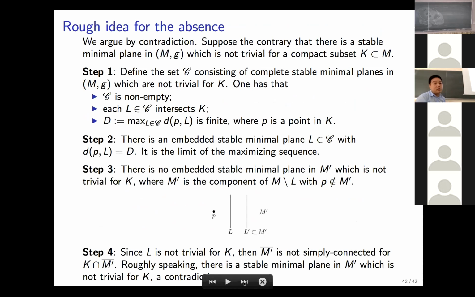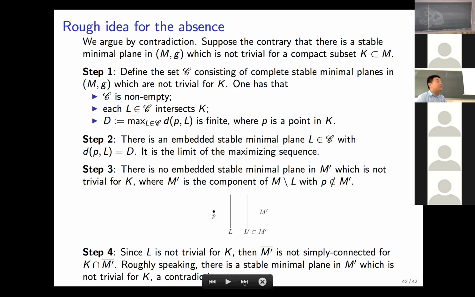We suppose that there is a stable minimal plane in M which is not trivial for some compact set K. Step one, we consider the set whose elements are complete stable minimal planes in M which are not trivial for K. We have that this set is non-empty, and each element in this set intersects K.